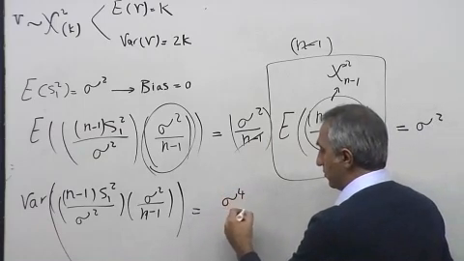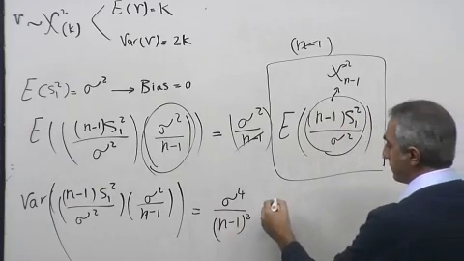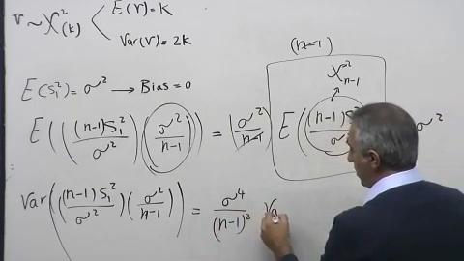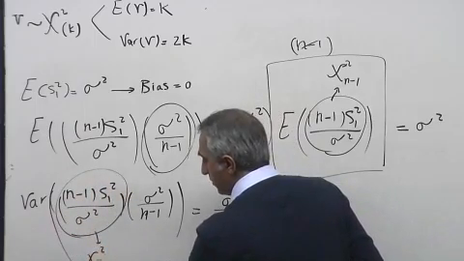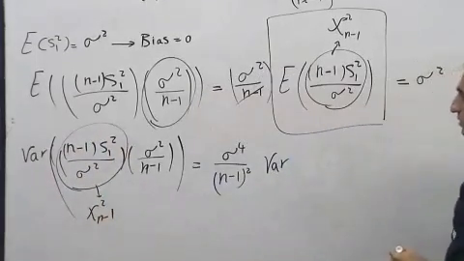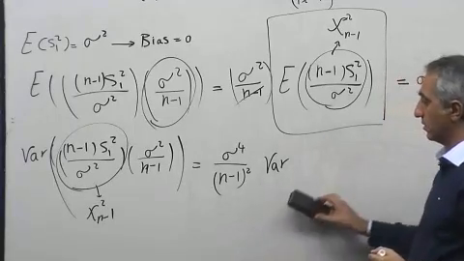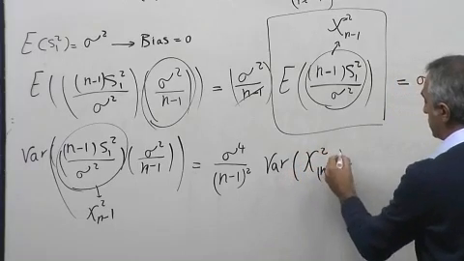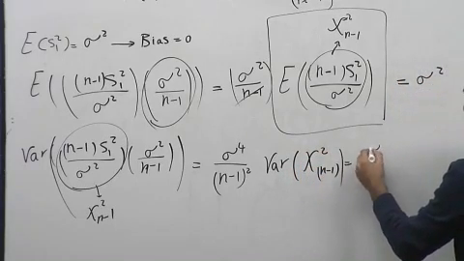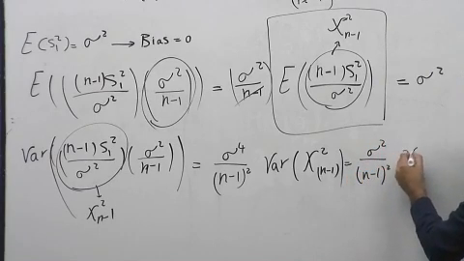So it's sigma to the power of 4 over n minus 1 squared. Variance of this guy is a chi squared with n minus 1 degrees of freedom. So what is the variance of a chi squared with n minus 1 degrees of freedom? Let me write it down. Yes, it's 2 times n minus 1.